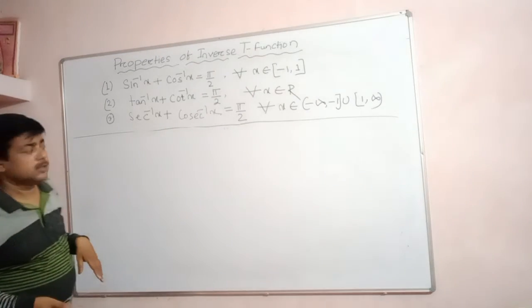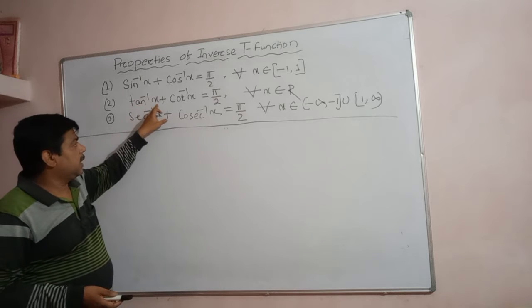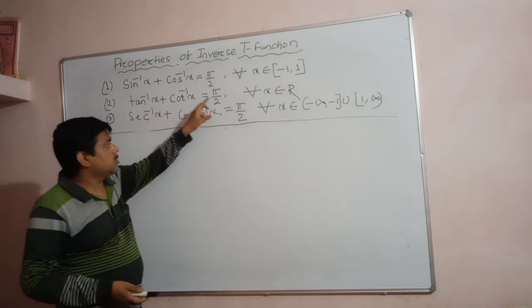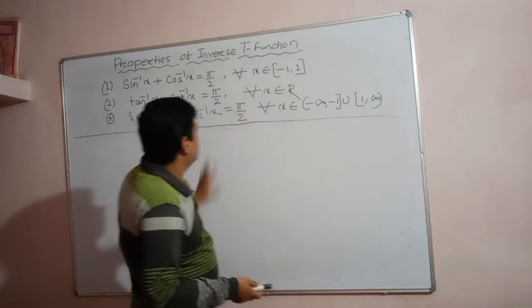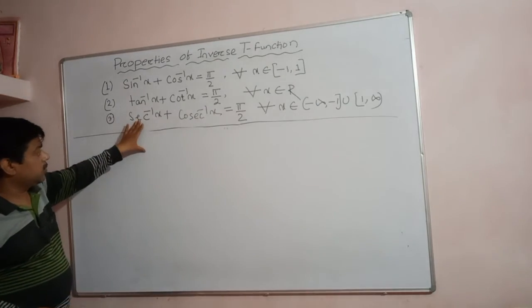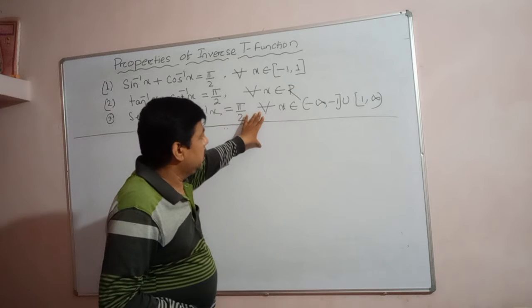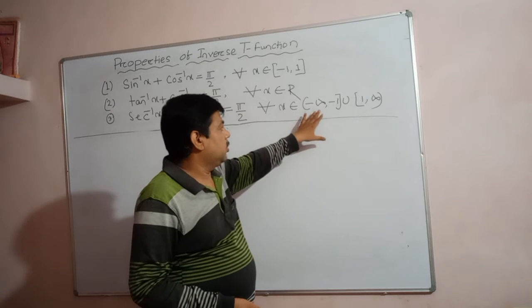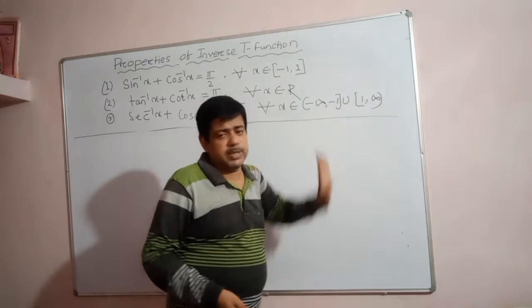The second property is that tan inverse of x plus cot inverse of x is equal to pi by 2, for all x belongs to the set of real numbers. And sec inverse of x plus cosec inverse of x is pi by 2, for all x belongs to the interval minus infinity to minus 1 union 1 to infinity.